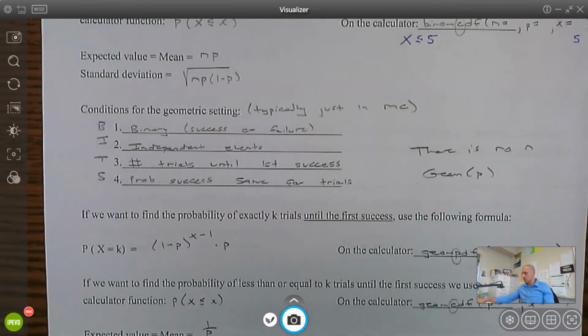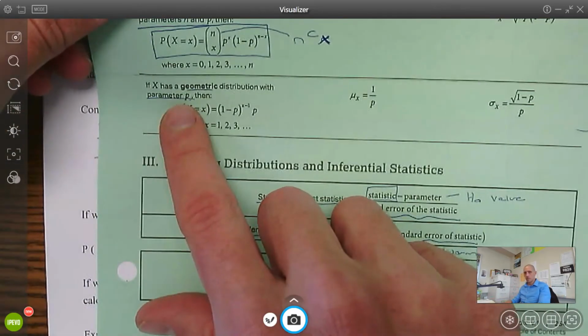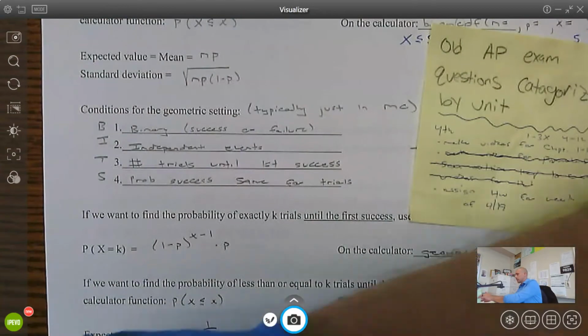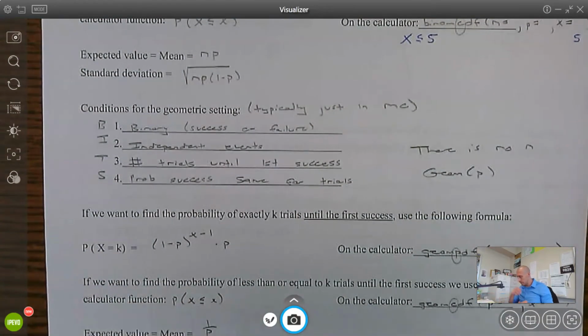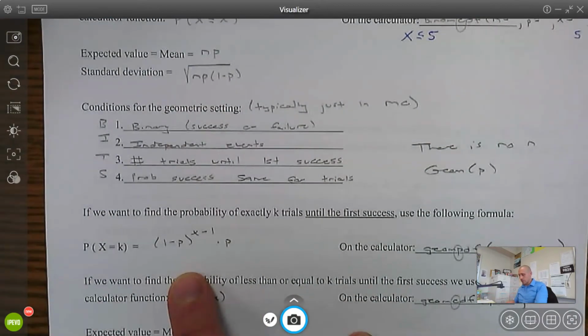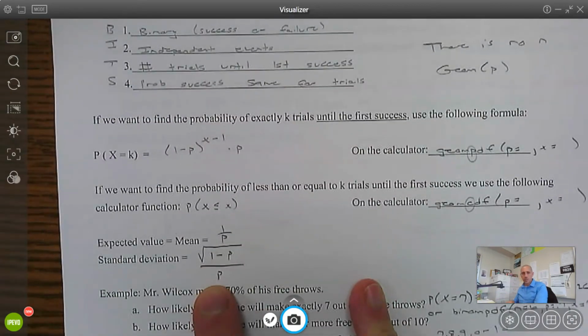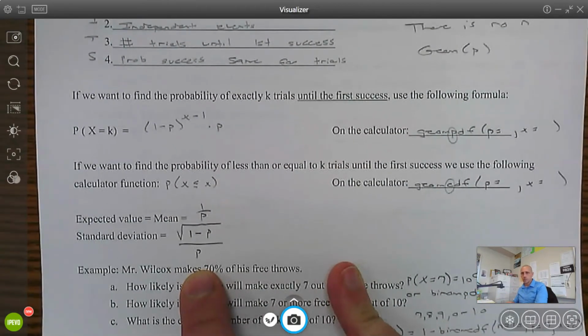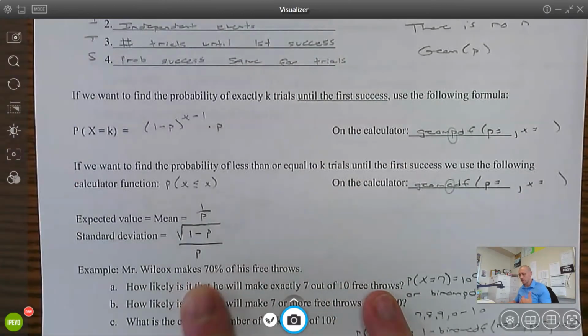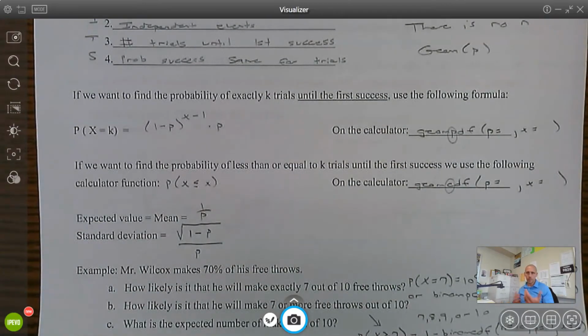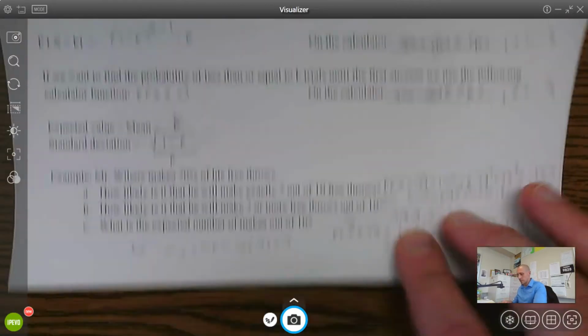So this is geometric. You have one parameter, P, and that's it. All right, so there's your formula, mean and standard deviation. These formulas are on your sheet. You could do these in the calculator as well, similar to what I showed on the previous example for binomial, but just with geometric.